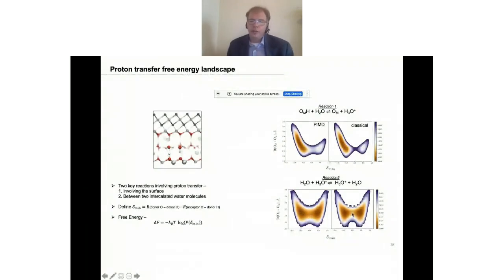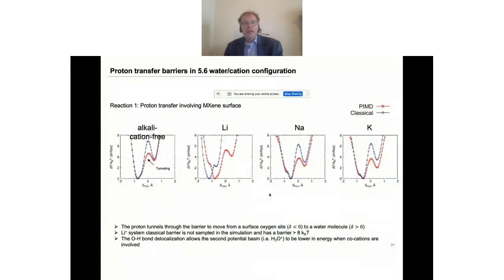So our proton transfer rate, even in the bulk, is significantly higher in path integral MD compared to regular MD. If you plot this on a free energy curve, you can see that the tunneling that we can sample better with path integral MD allows us to have a significantly lower effective barrier for proton transport. This is especially important for lithium.